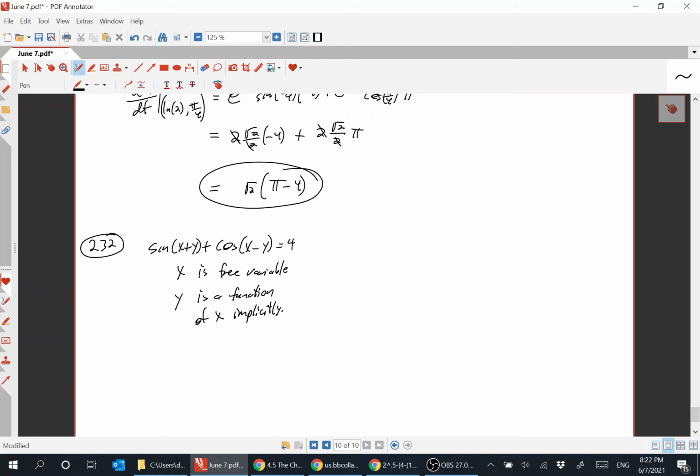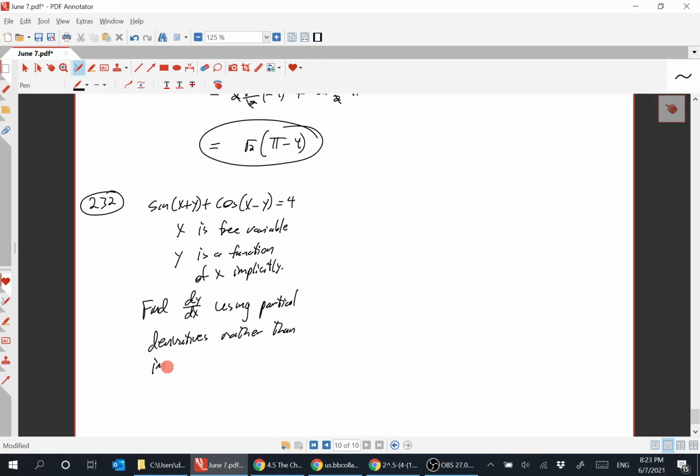All right, so find dy dx using partial derivatives rather than implicit differentiation.